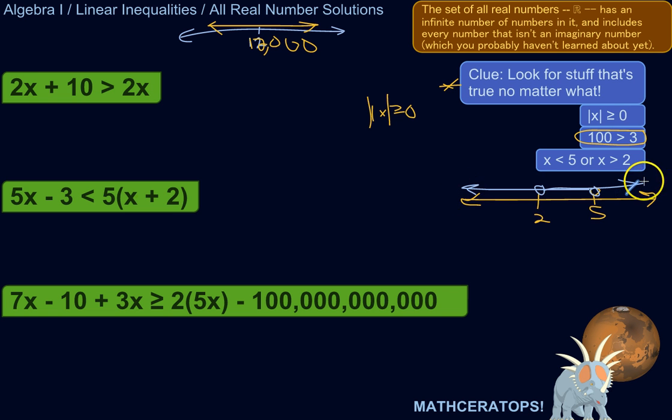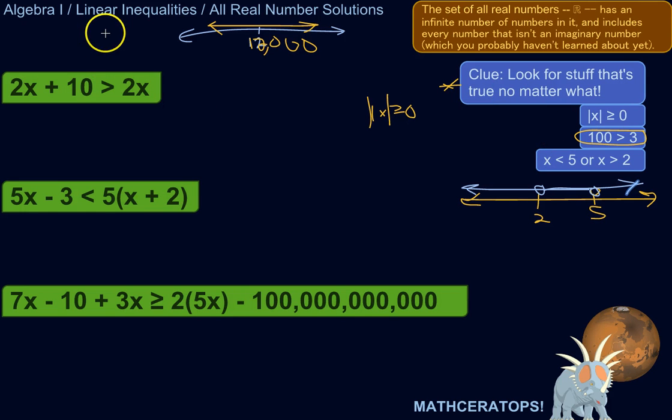These things overlap, so any number will fit these conditions. It's not a very restrictive condition to say your number has to be less than 5 or it could be greater than 2. 1 would work, 3 would work, a billion would work, negative a billion would work. All real numbers will fulfill these conditions. If that makes sense.